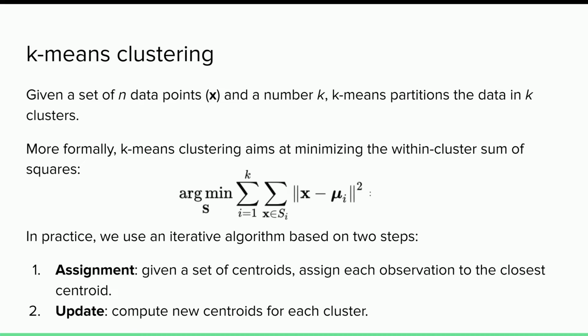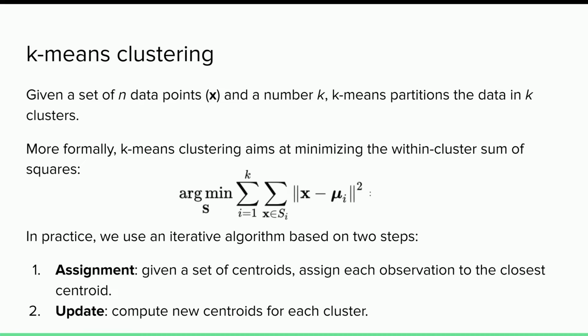In practice, though, I will tell you, we don't actually do that. In practice, we use something called Lloyd's algorithm. It's the default algorithm, often in Python and R, that you will interact with if you load up k-means. Lloyd's algorithm is an iterative algorithm based on 2 steps. First is an assignment step.